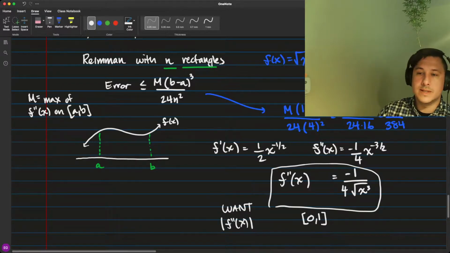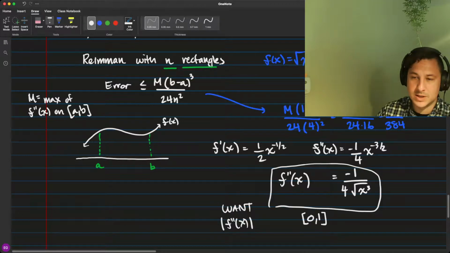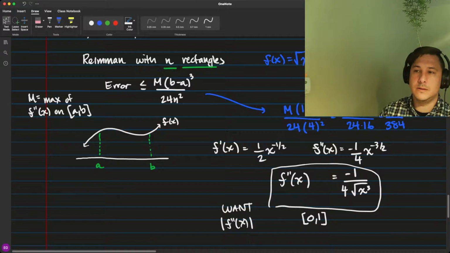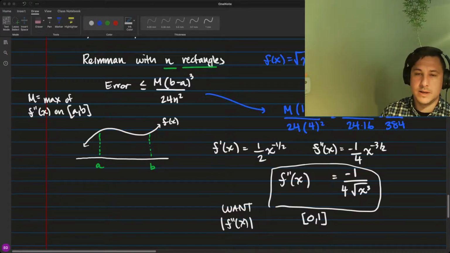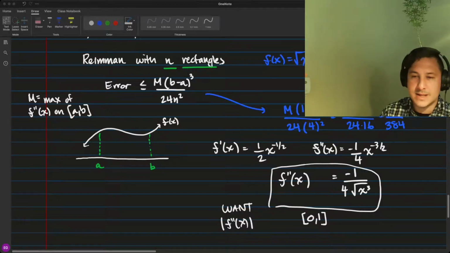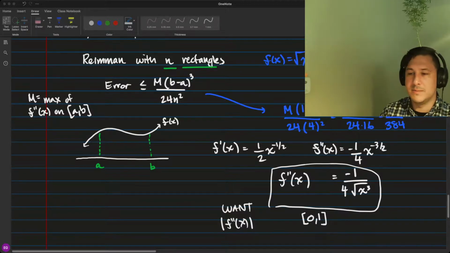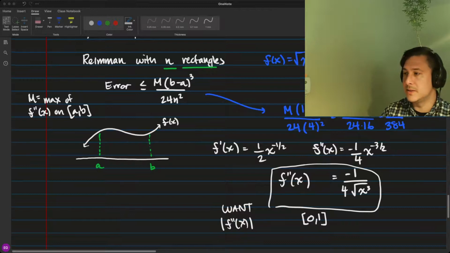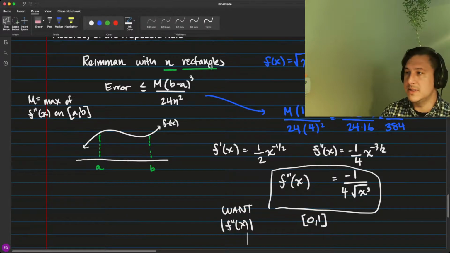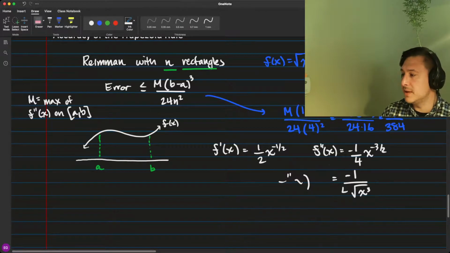Now, what's the problem with this function? What happens to this function at 0? That's making my example not work the way I wanted. Yeah, it goes to infinity, so the maximum is infinity. So maybe this is just not a good example. We'll do another one. Instead of the square root example, let me do it with a different example.